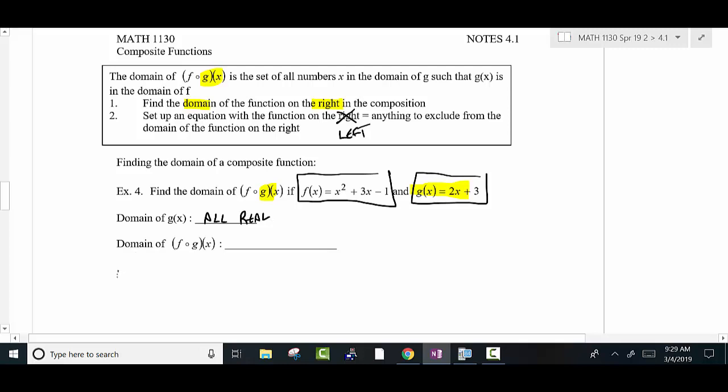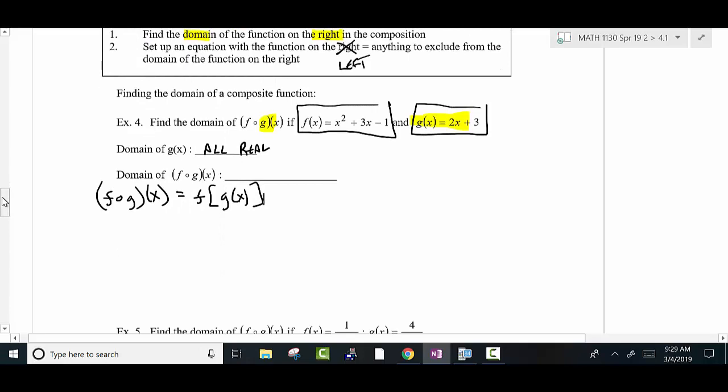Now we're going to go ahead and find the composition f composed of g of x, okay? So that means f of g of x. So we're going to go ahead and just work it out. Now you don't necessarily have to multiply it out and simplify it. Once you get the composition, you want to see if you understand what the domain would be.